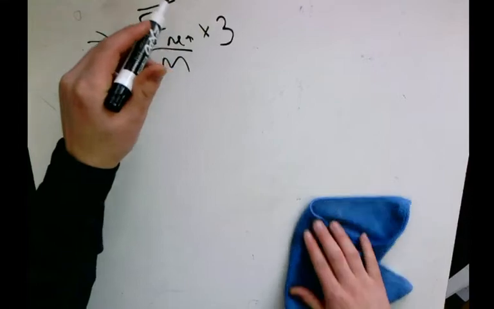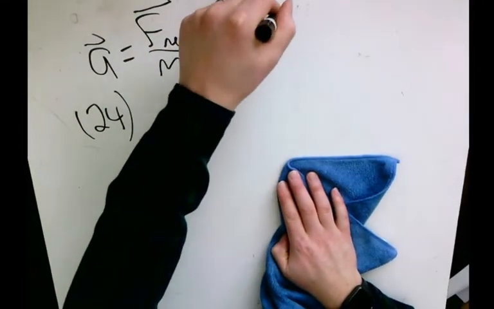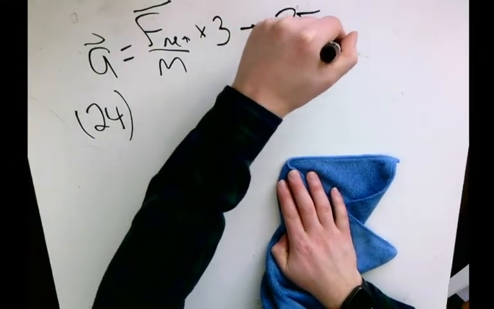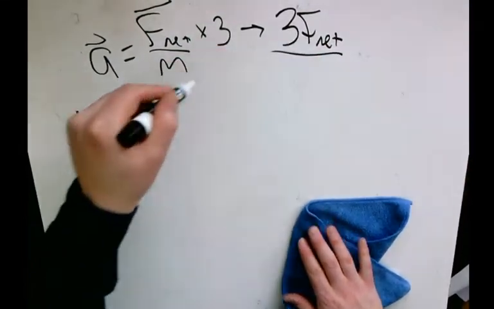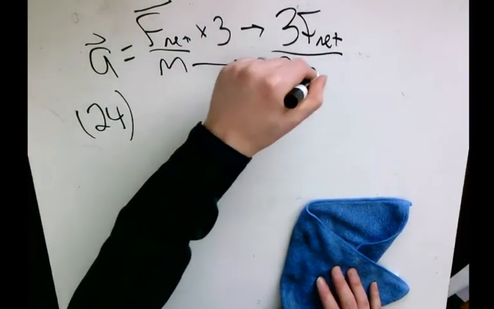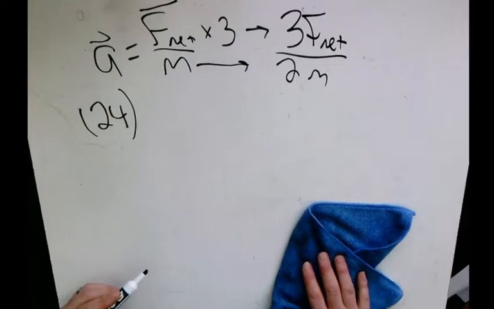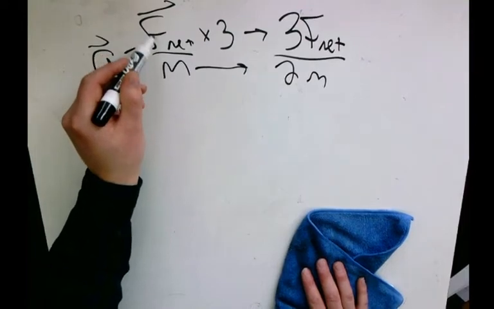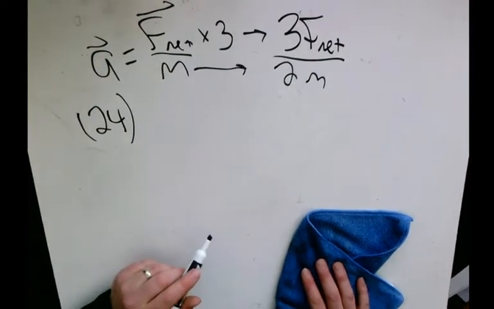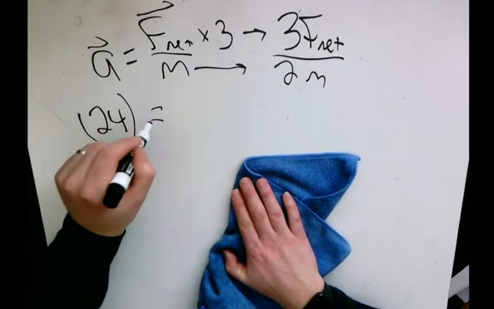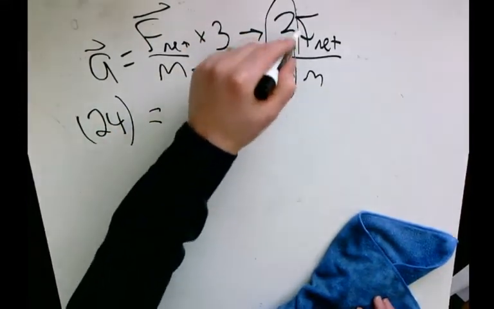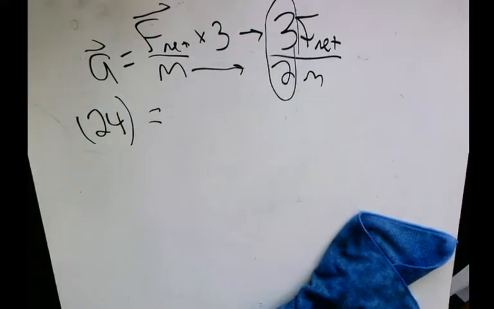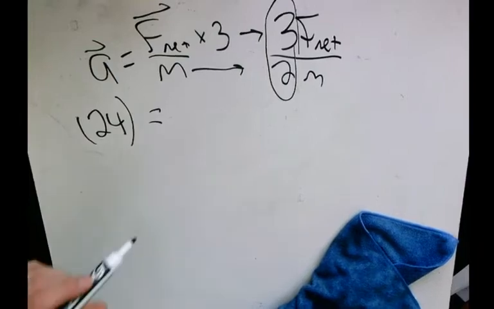We're replacing our F net with 3 times F net, and we're replacing mass with 2m. So if 24 is equal to our starting net force and starting mass, we have to now adjust. This is our new kind of adjustment factor.